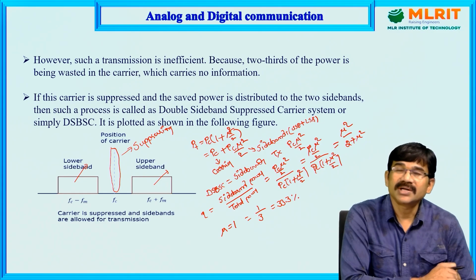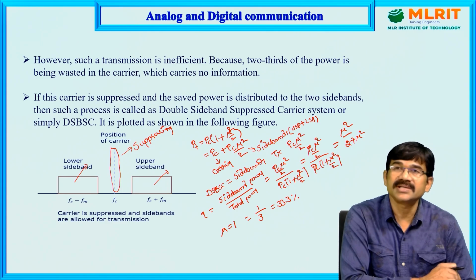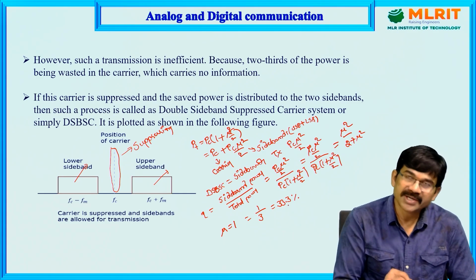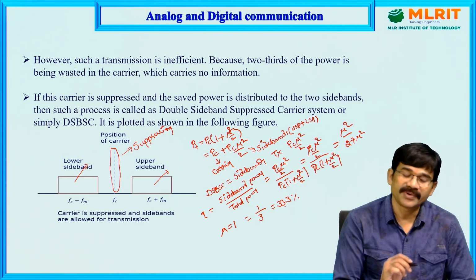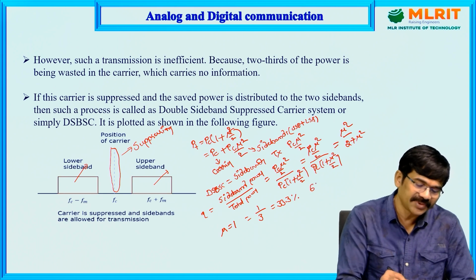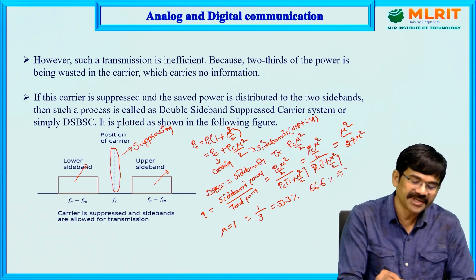Among the total transmitted power, only 33.3% is containing the useful information related to the sidebands. So this is the sideband power, the useful power. What is the remaining? The remaining 66.6% of the power is concentrated in the carrier.